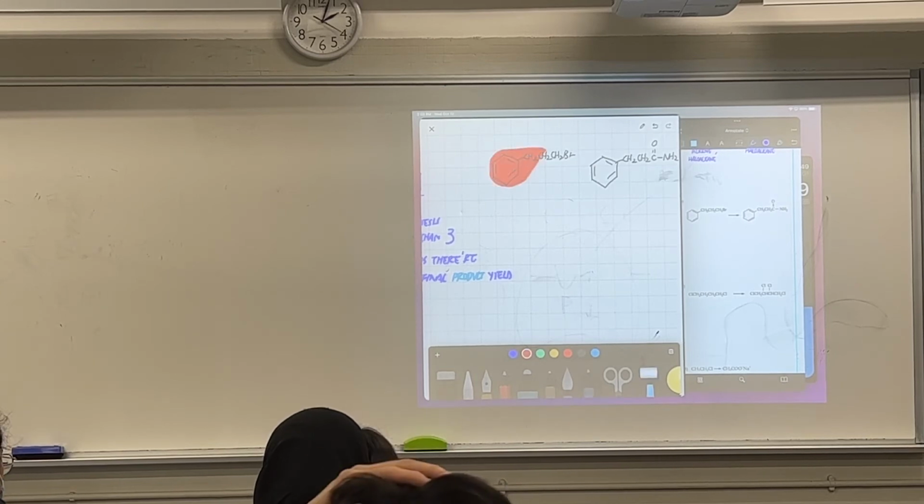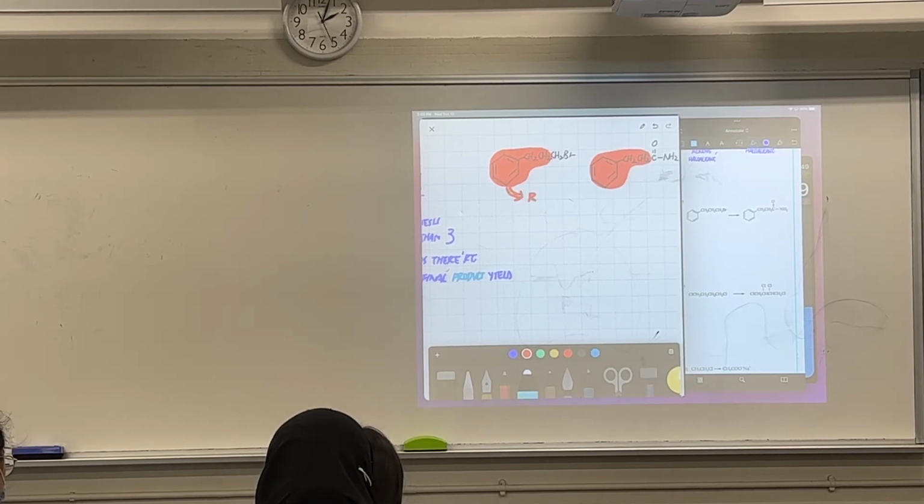So can you highlight it? For the parts that remain unchanged, you can turn it into R. So that means this becomes RCH2Br. And this thing becomes RCONH2. Now it looks much better.